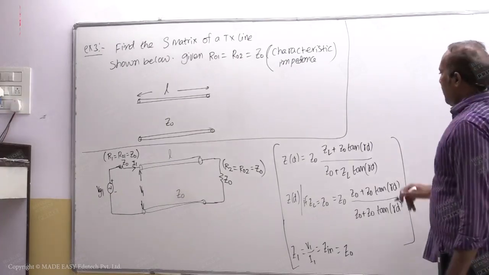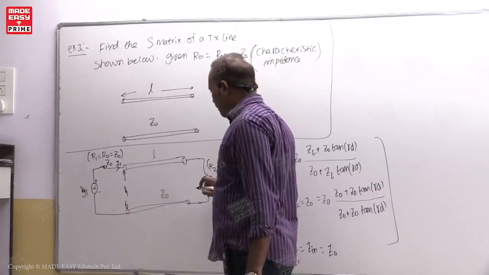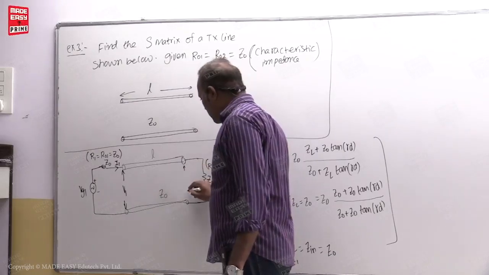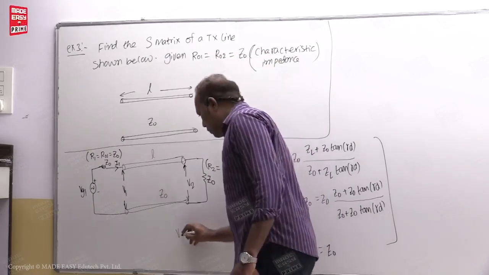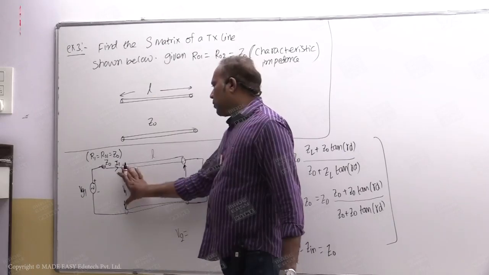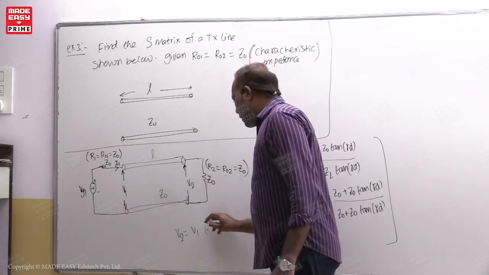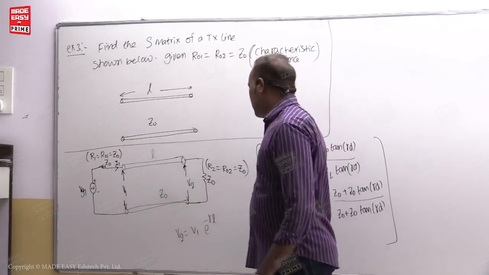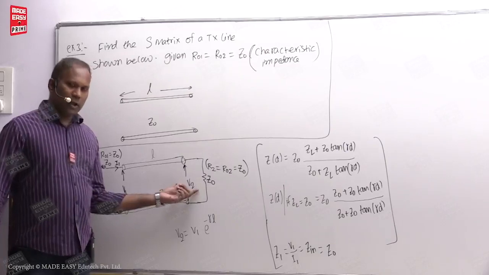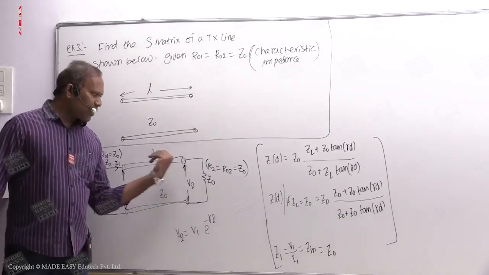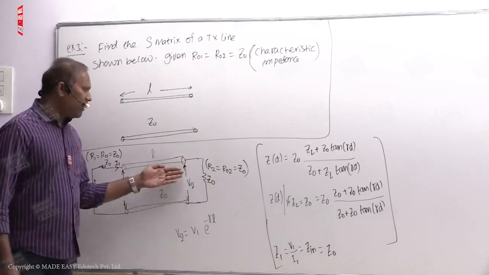Okay. Now, dear students, what is V2? Actually V2 is equal to whatever voltage is there here, V1 e power minus gamma L, because total voltage at load is incident voltage plus reflected voltage, but matching is done, so reflected voltage is 0, only the incident wave is present.